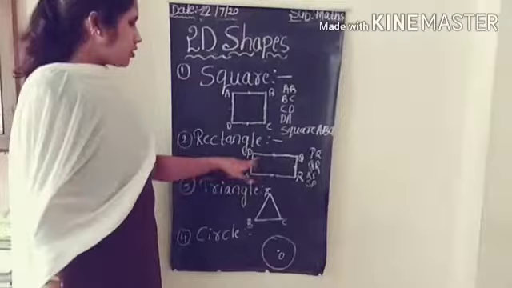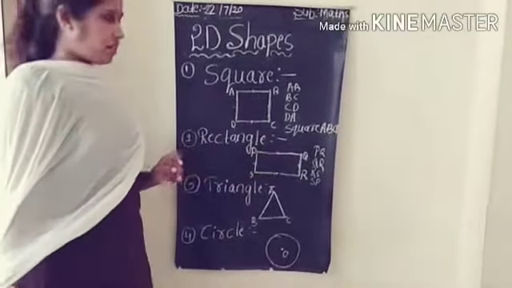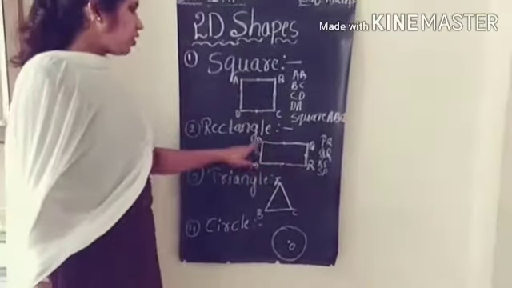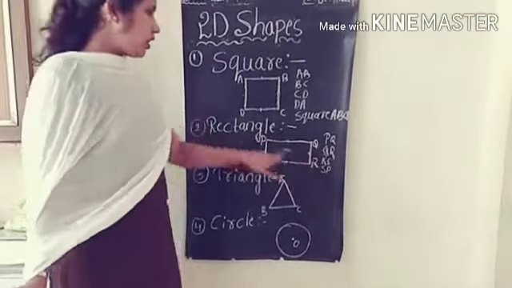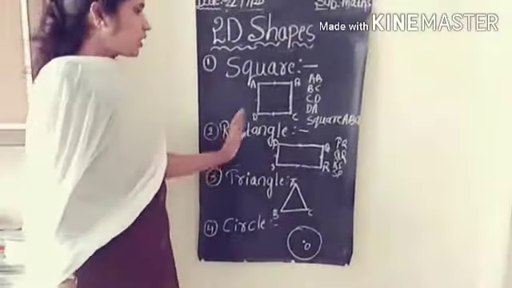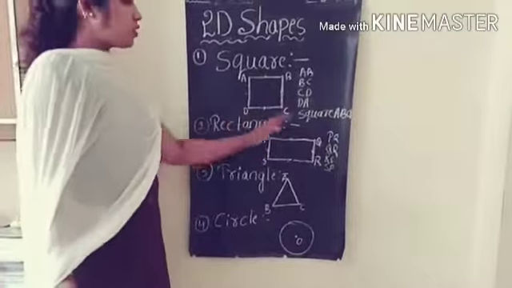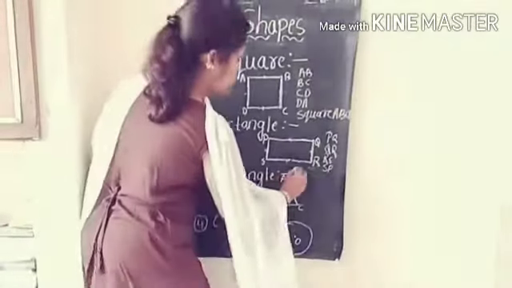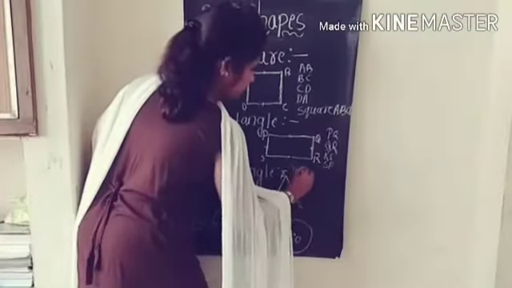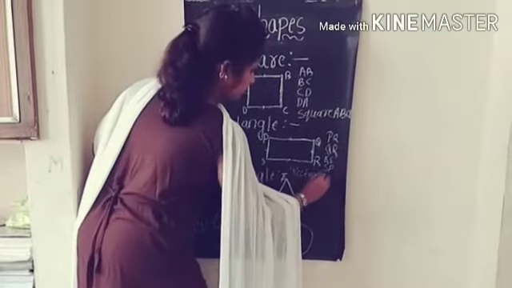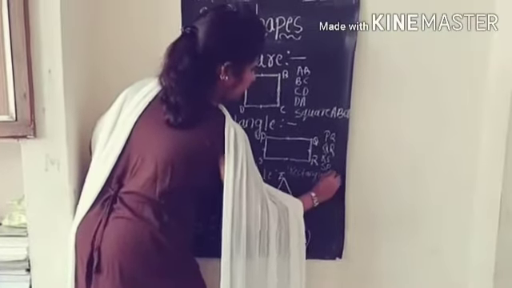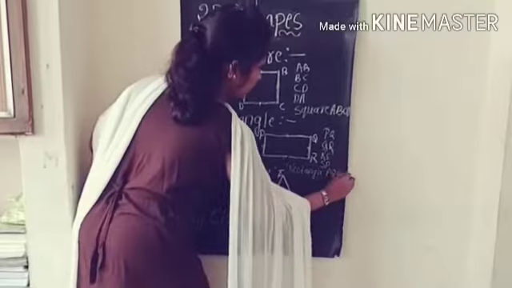These opposite sides are equal in length. And it has 4 corners. They are P, Q, R, S. We name the rectangle using its corners. Rectangle P, Q, R, S.